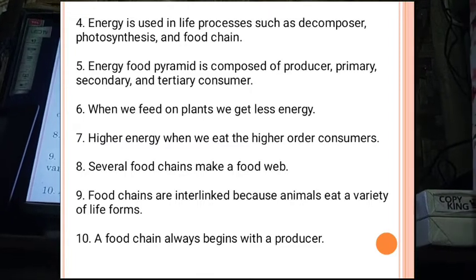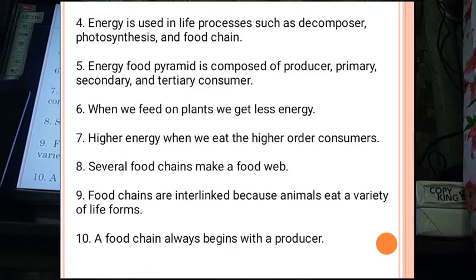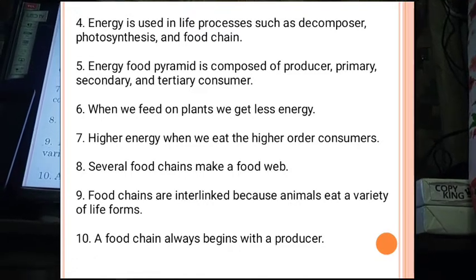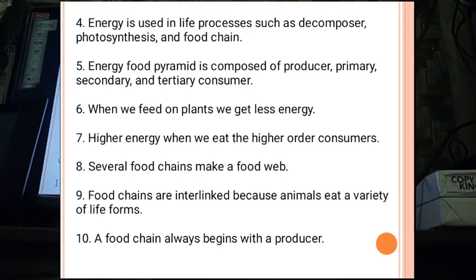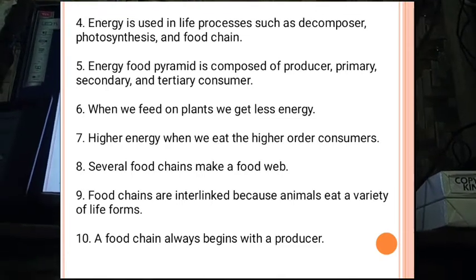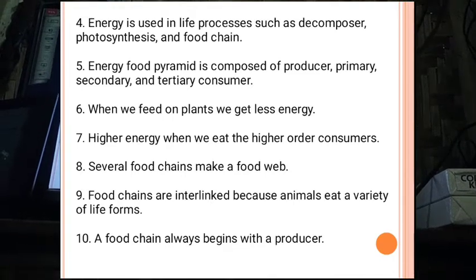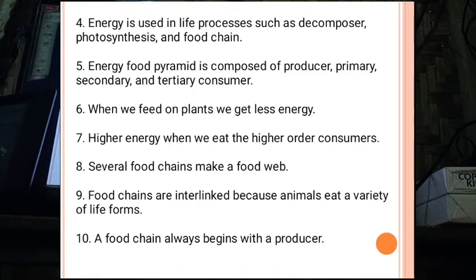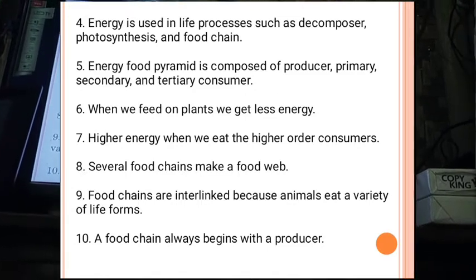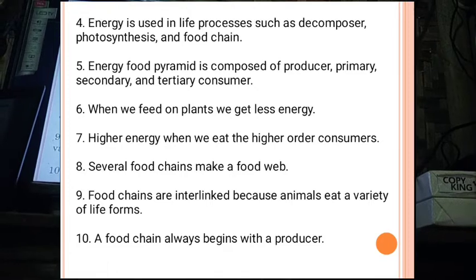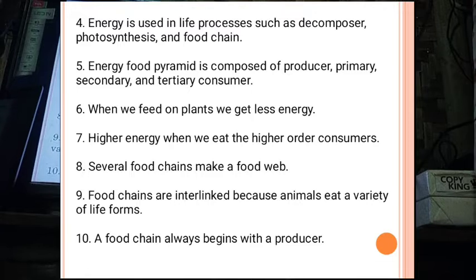And for number 9, food chains are interlinked because animals eat a variety of life forms. Again, food chains are interlinked because animals eat a variety of life forms. And for the last question, number 10, a food chain always begins with a producer.